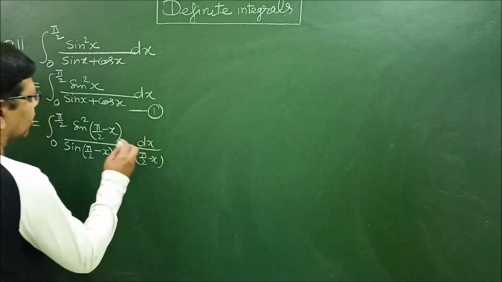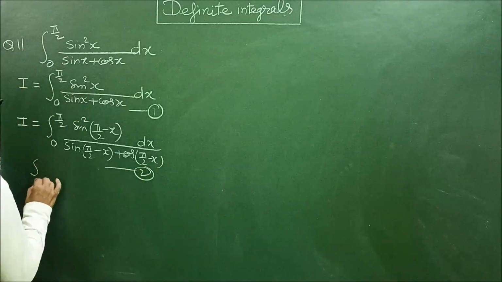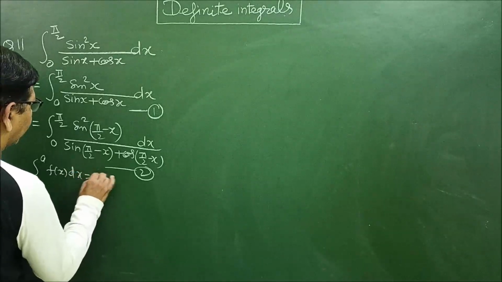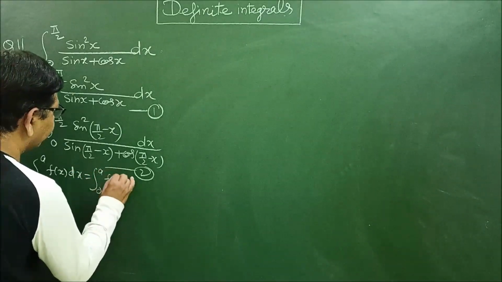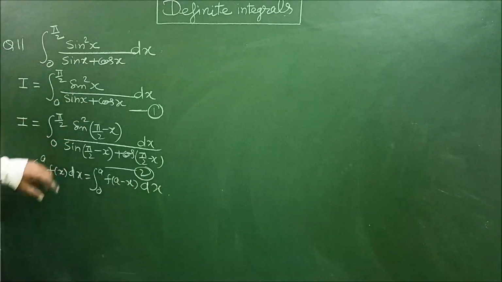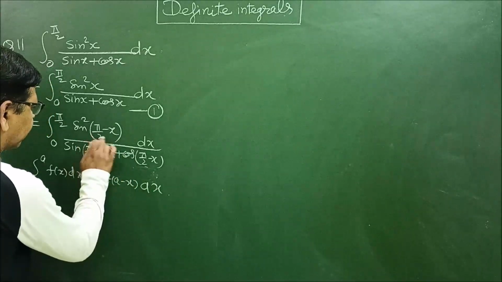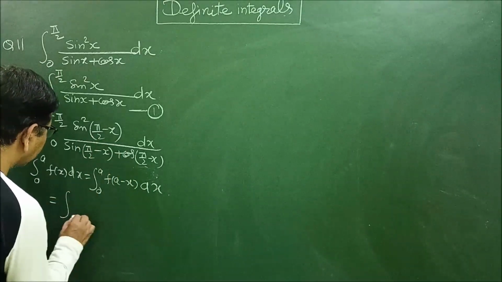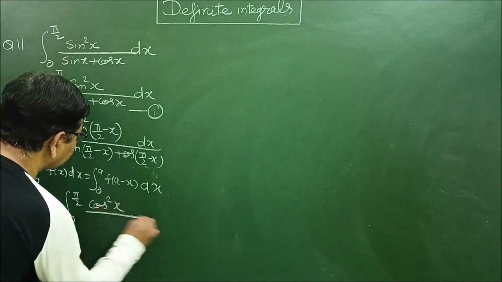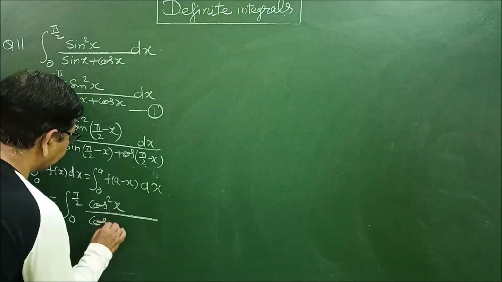This is number 2, using the property that the integral from 0 to a of f(x) dx has the same value as the integral from 0 to a of f(a minus x) dx. Let us simplify it further. So sin square of 90 minus x gives cos square x, and sin of pi by 2 minus x is cos x, plus sin x.